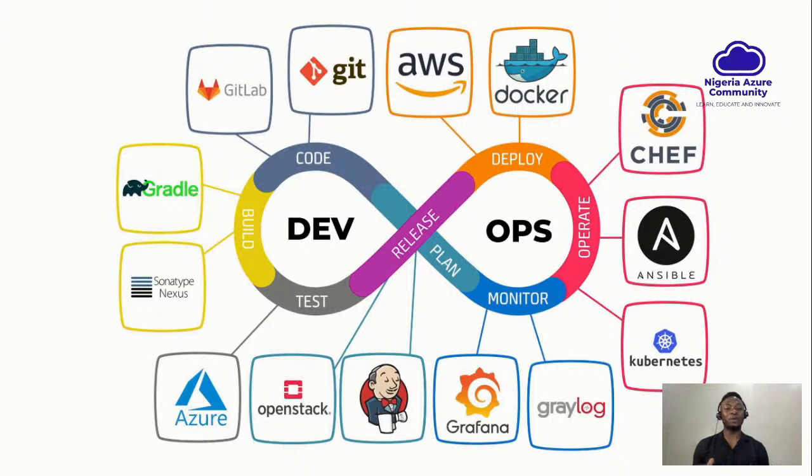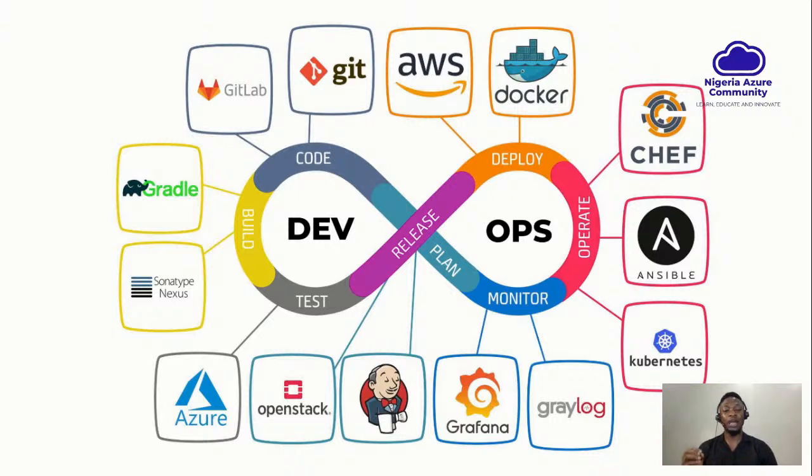After developers have written code and committed it to a source code manager such as Git, the very next thing to take note of in the DevOps methodology is continuous integration. This is the very next pillar.